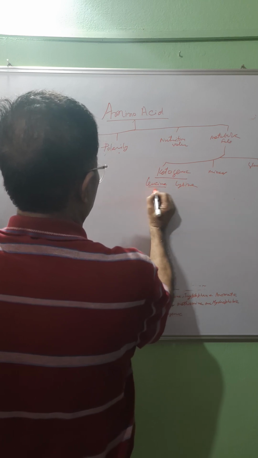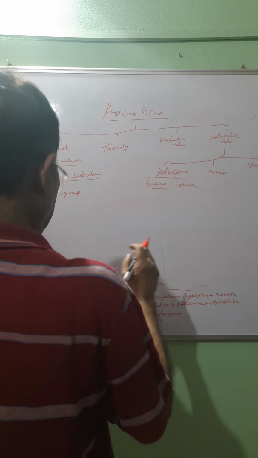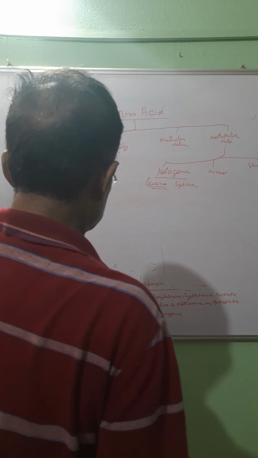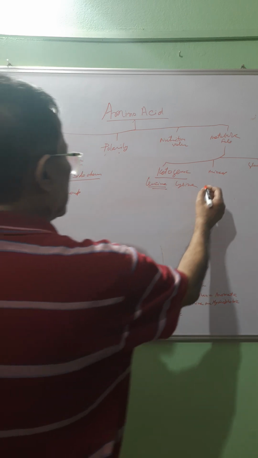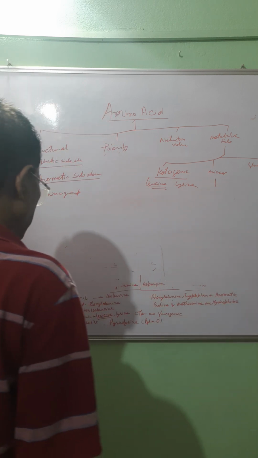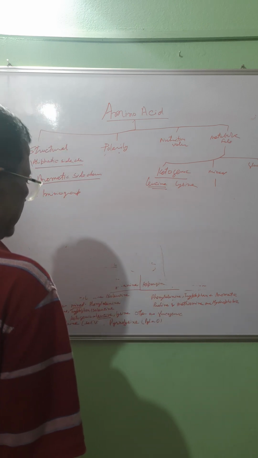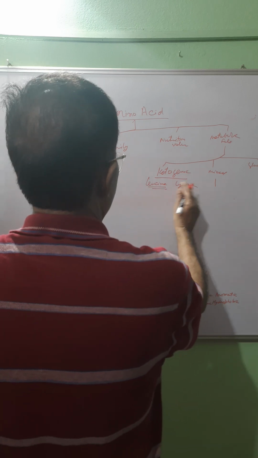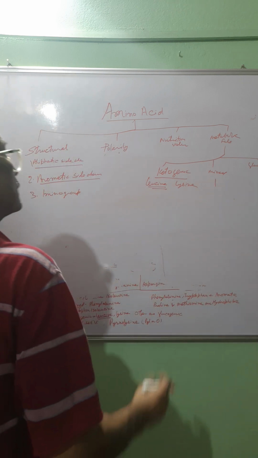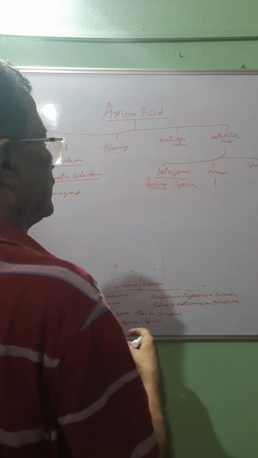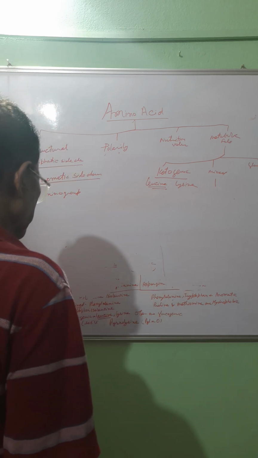And mixed type means this will produce ketone bodies as well as glucose.